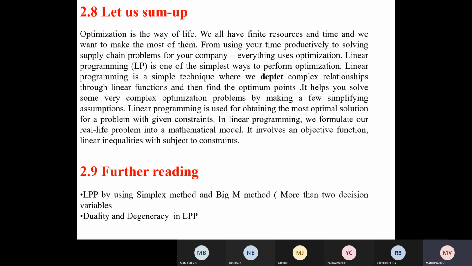Rakshita says LPP helps to optimize the problem as a relationship with a mathematical model for the best possible solution. Very good, all of you. Thank you very much for your best participation.